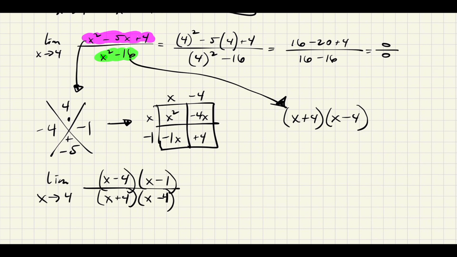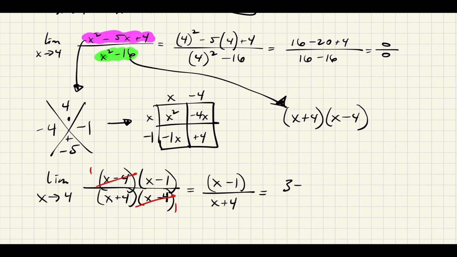Now some things are going to cancel, or simplify, I should say. So now I don't have all of that on top. I have an x minus 1, and I have an x plus 4. Try plugging it into my new function. 4 minus 1, 4 plus 4, I get 3 over 8.